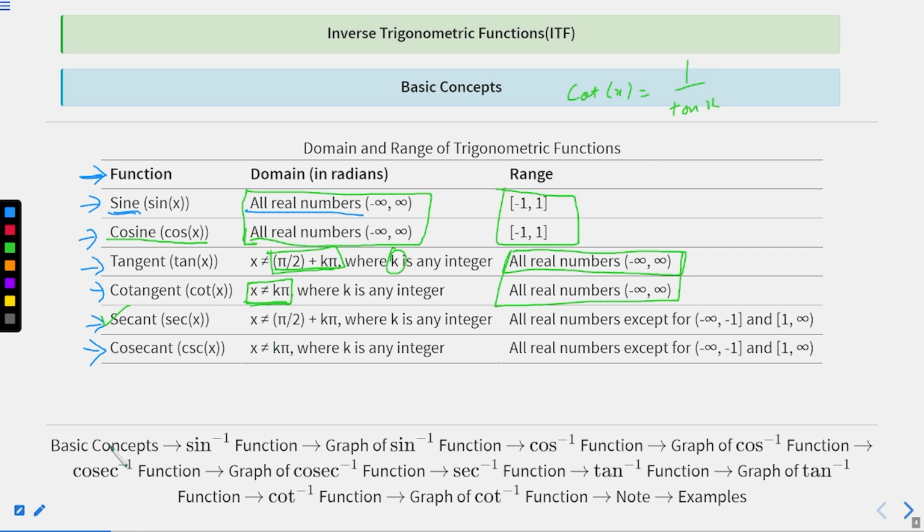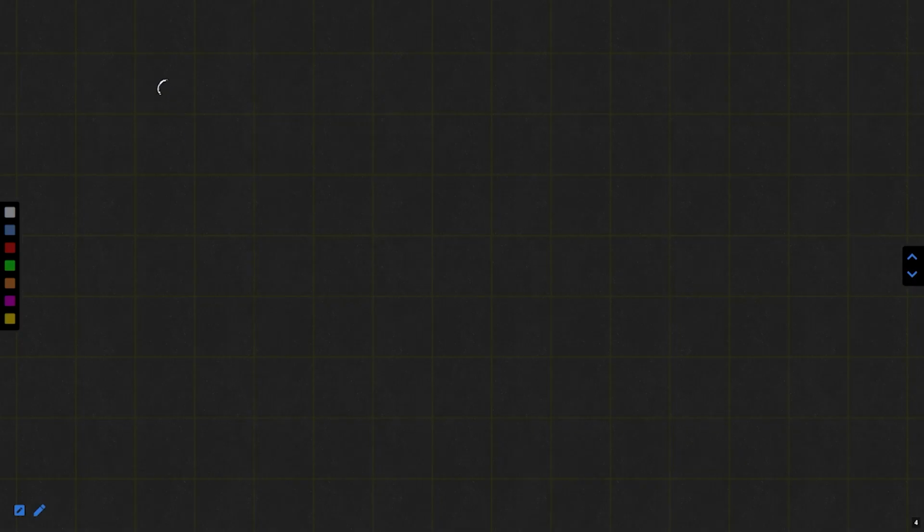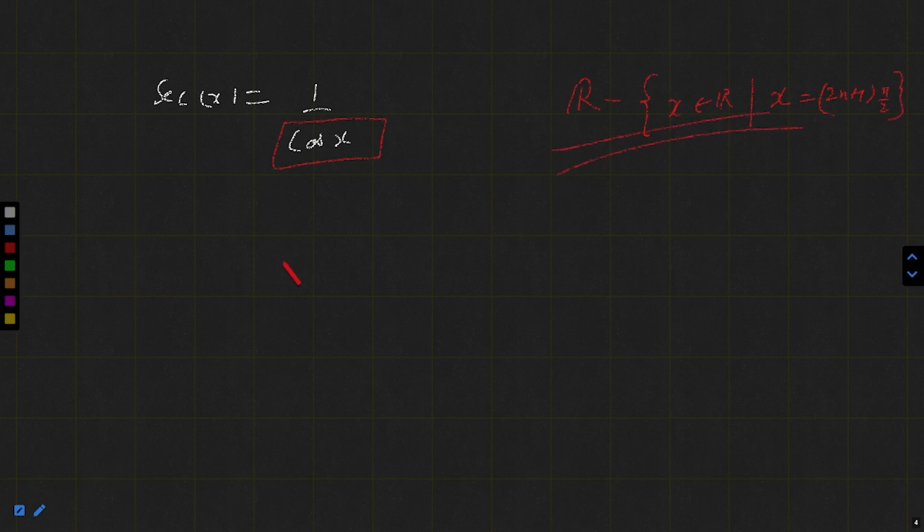Okay, now let's see the secant. Secant is what? 1 by cos. So sec x is 1 by cos x. As we know, the denominator cannot be equal to 0. So the domain is all real numbers except x from the real numbers such that x is equal to the odd multiples of pi by 2. Yes, so this will be my domain.